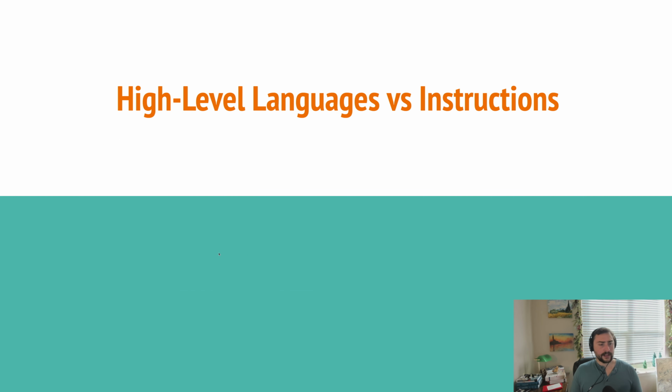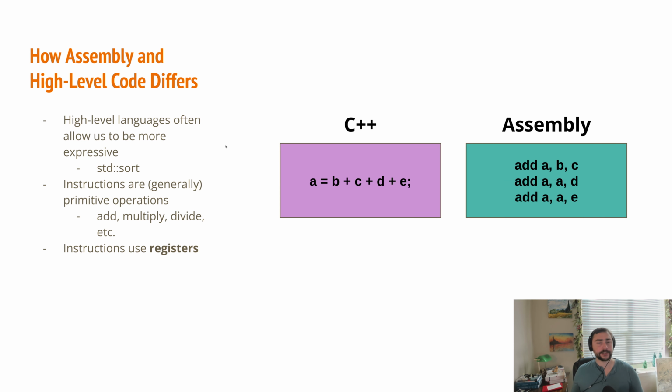Okay, so let's talk a little bit about the difference of high-level languages and instructions. Our high-level languages generally allow us to be fairly expressive with the code that we write. For example, if we want to sort something like a vector in C++, we can just use something like a call to std::sort, which we typically don't have the same level of expressiveness in our instructions.